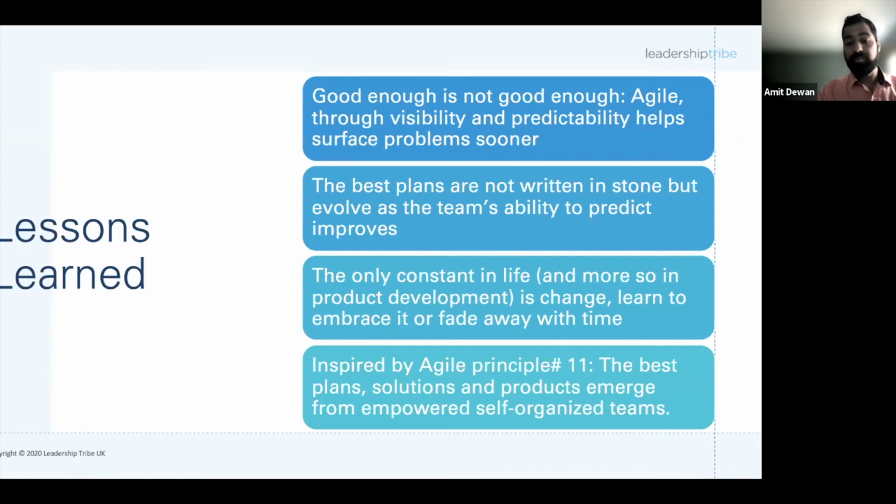So you want to not just empower the product owner, but also empower the team to be a part of those conversations and learn with the product owner. Two minds are better than one. I'm not saying we want to get into a too-many-cooks situation, but you want the right people at the right time, in the right place, to have those plans be more solid and solutions be more aligned with the vision and outcome. The best products really emerge from there, with empowered, self-organized teams.